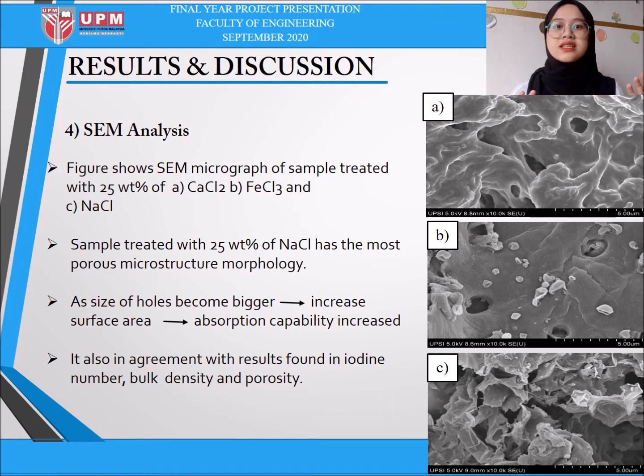The figure shows the SEM micrograph of samples treated with 25% of CaCl2, FeCl3, and NaCl. As you can see, the sample treated with 25% of NaCl has the most porous microstructure morphology. As the size of the holes becomes bigger, it will increase the surface area, and automatically increase the absorption capability. It is also in agreement with the previous results, which are iodine number, bulk density, and porosity.